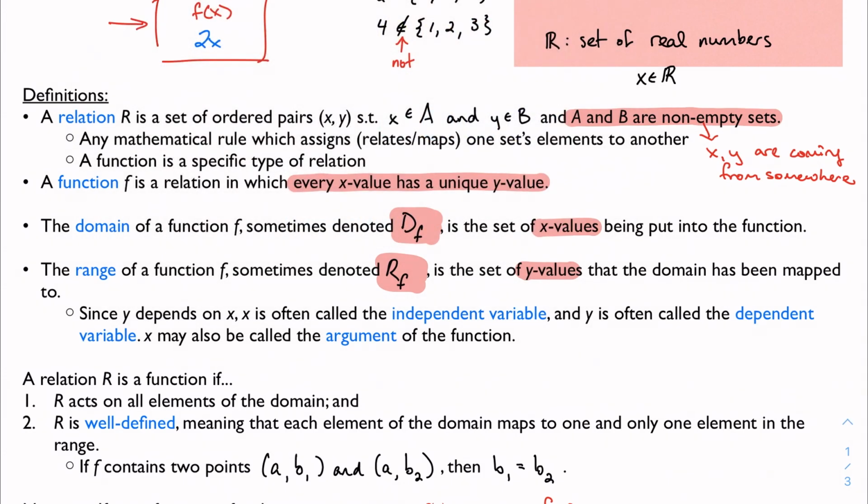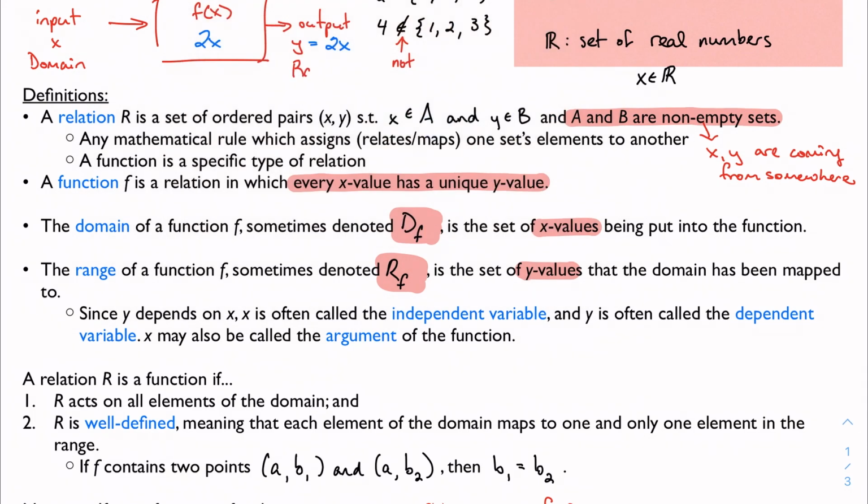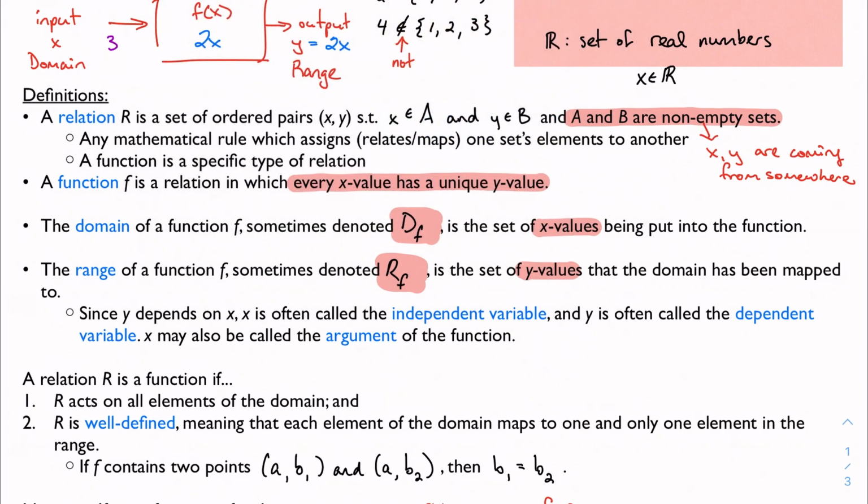So my function is going to take some kind of an input, x, from my domain, and it's going to spit out some output, y, which in this case is twice whatever I put in. And the set of all those outputs would form my range. We kind of know this already. If I put in 3, I get 6. If I put in 5, I get 10, and so on. My y's are dependent because they depend on whatever x I put in, but I can choose whatever x I want, which is what makes it the independent variable.